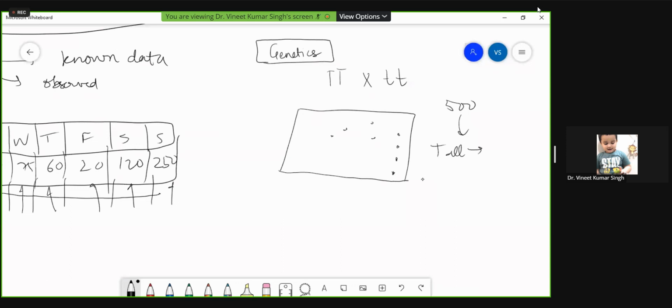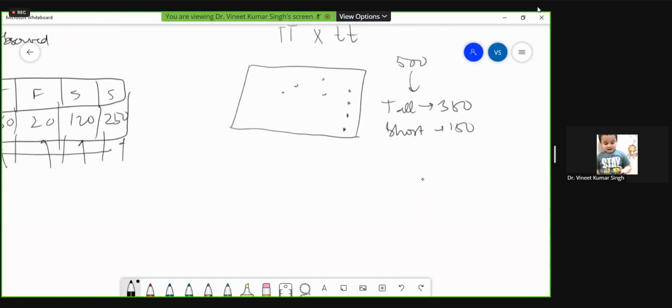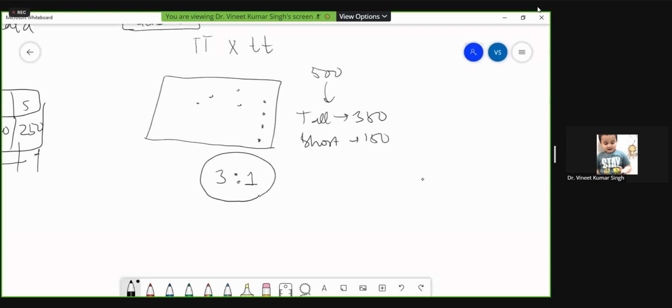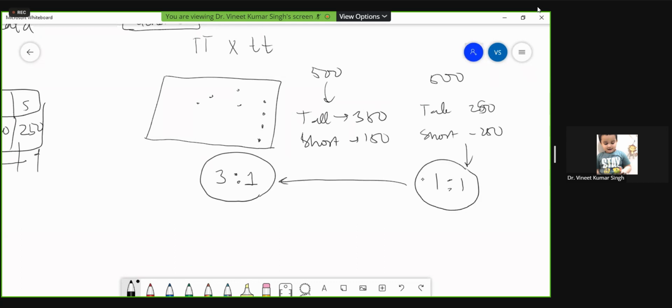Say 350. And short 150. So it has to follow a Mendel ratio, 3:1. Right? But if you sow 500 plants and tall are 250 and short are 250, that is a 1:1 ratio, which differs from the Mendel ratio.